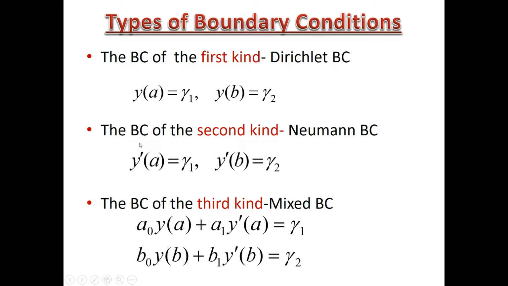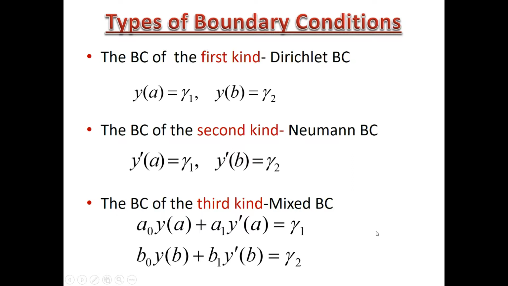Then there are boundary conditions of the second type, which are called Neumann boundary conditions, where the value of the derivative of y with respect to x at the 2 points x is equal to a and x is equal to b are given. Here y prime denotes the derivative of y with respect to x.